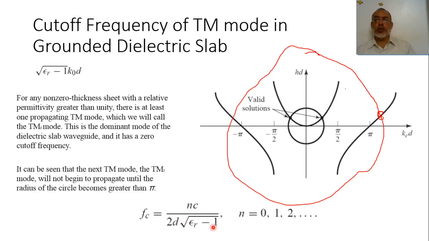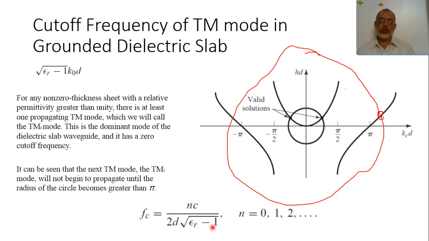Usually, we are not interested in surface wave modes, but because the transverse magnetic zero mode, the surface wave mode, has zero cutoff frequency, in any structure consisting of a grounded dielectric slab, we already have this surface wave mode.